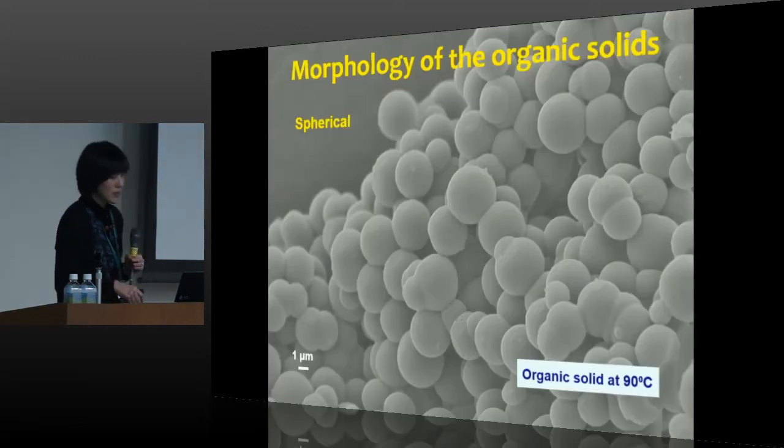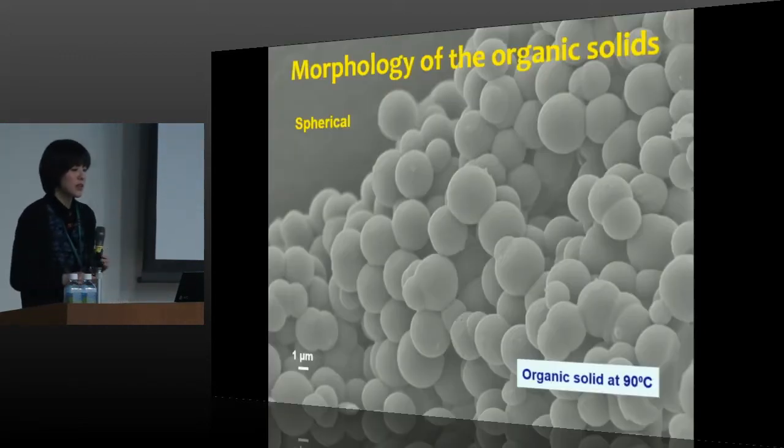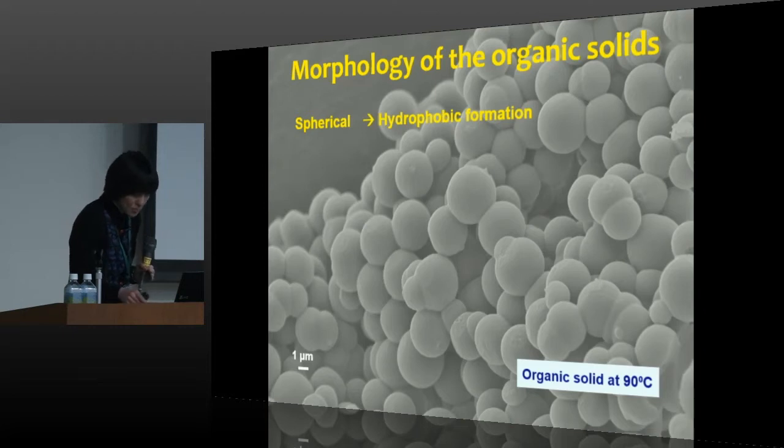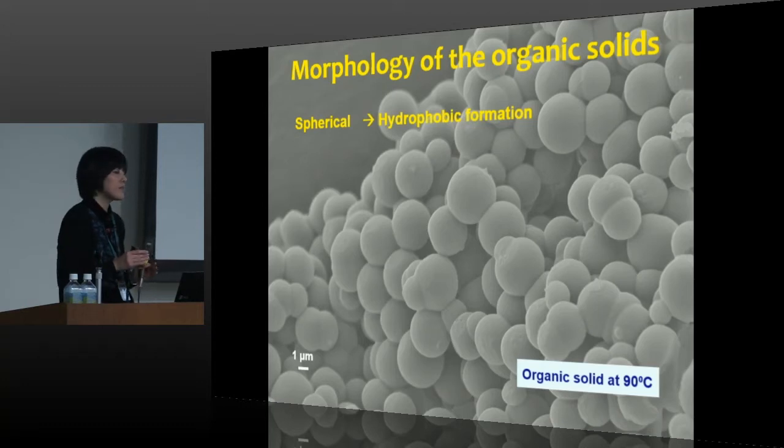And then looking at the morphology of the organic solid, some show a spherical shape, a few micrometers in diameter. This kind of spherical shape indicates hydrophobic formation of this organic solid.